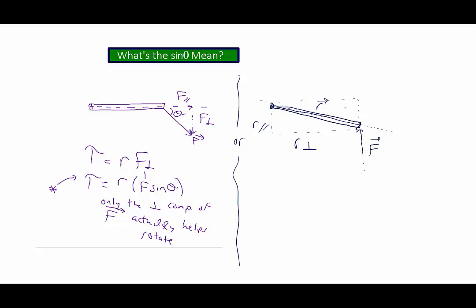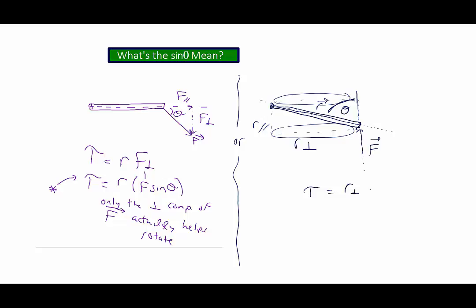So when I'm trying to find theta, which is the angle between the line of action and the radial line, and I'm looking at that angle there, that perpendicular side of the radius is the only part of the radius that's going to be responsible for the force.